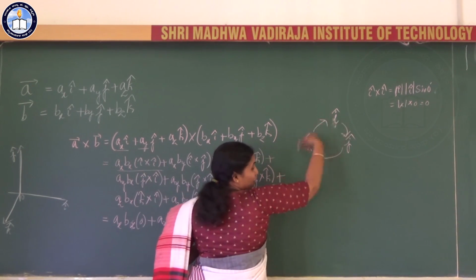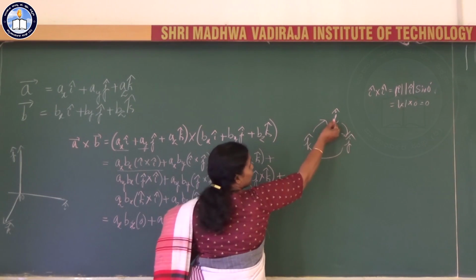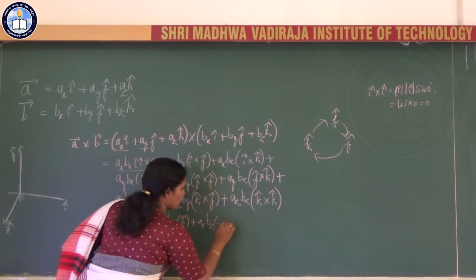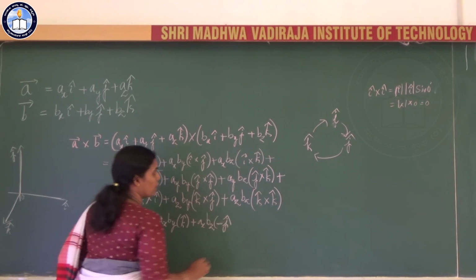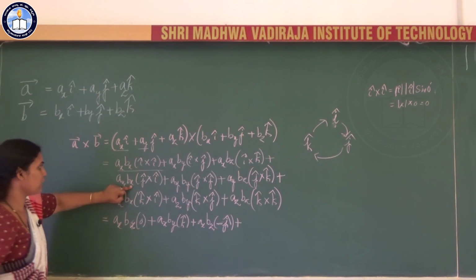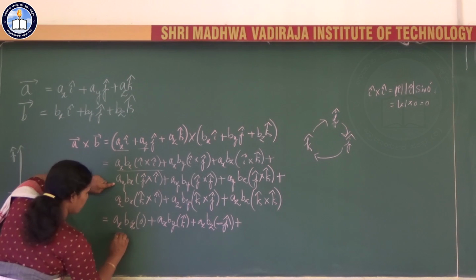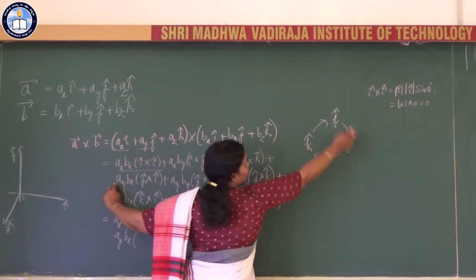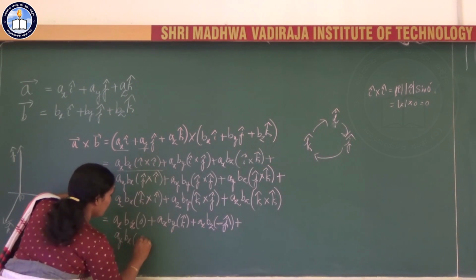We are not going in the cyclic order, so by anticommutativity i cross k equals minus j, so it is minus Ax bz j cap. Plus Ay bx, j cross i, which is minus k.